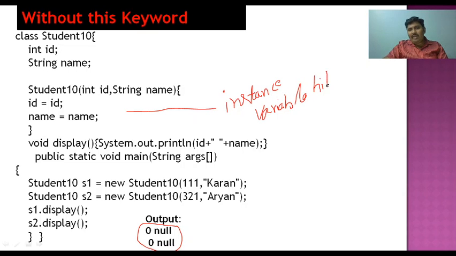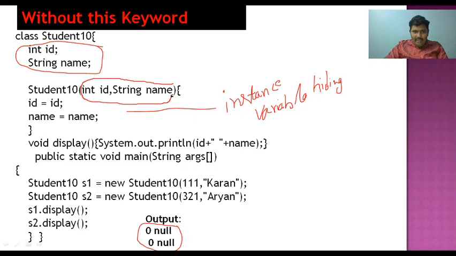What is meant by instance variable hiding is, your instance variables and your constructor parameter names are both the same. Once both the instance variables and the parameter names are the same, id equal to id will not assign to the id of the class, it will assign to the id of the parameter only.